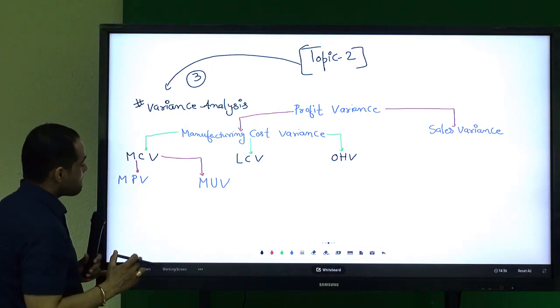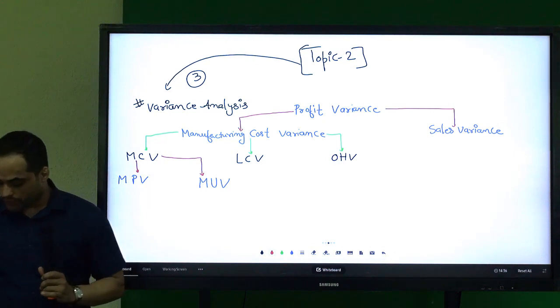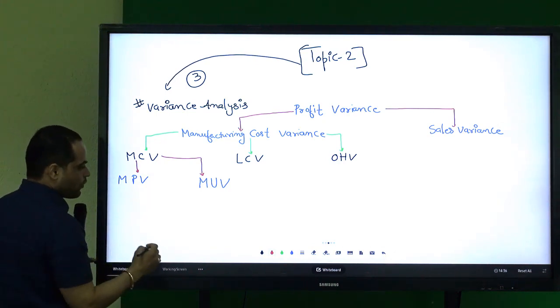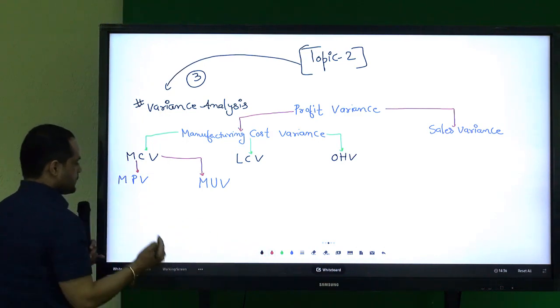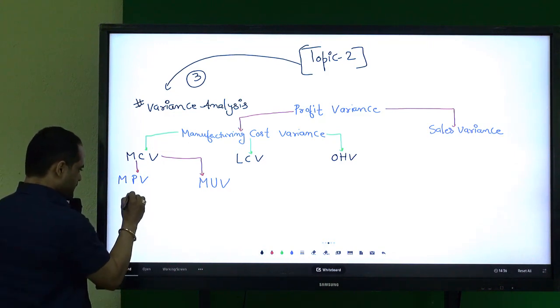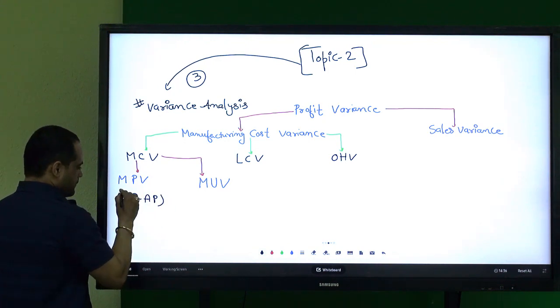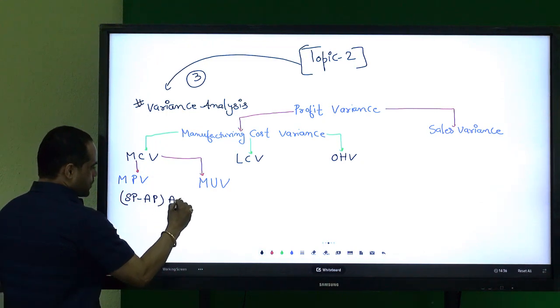So let's start with the material price variance. The formula is standard price minus actual price, multiplied by actual quantity.